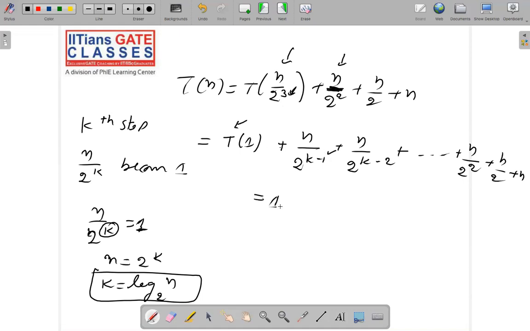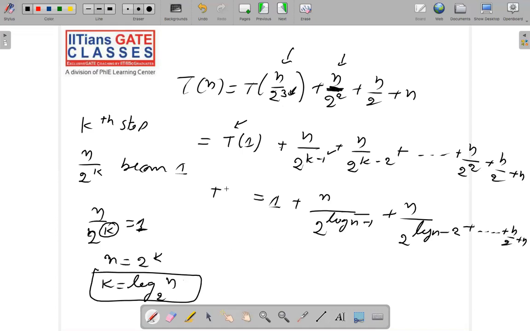T1 is 1. The value of k is log n, so 2 raised to power log n minus 1, 2 raised to power log n minus 2, plus n by 2 plus n. This is the equation we need to solve now to get the answer.